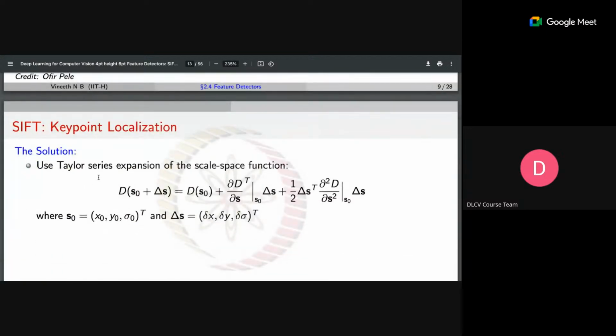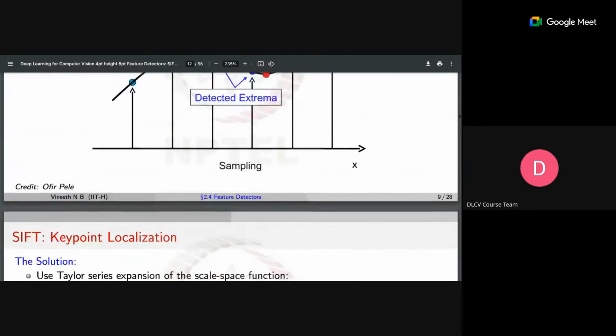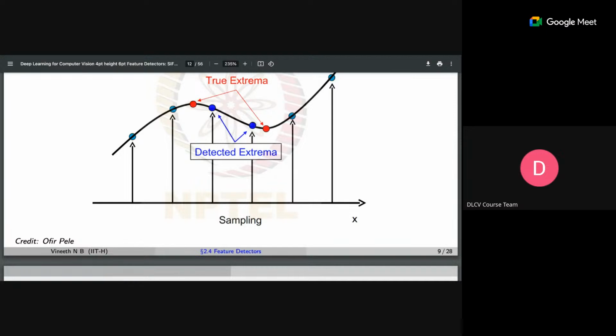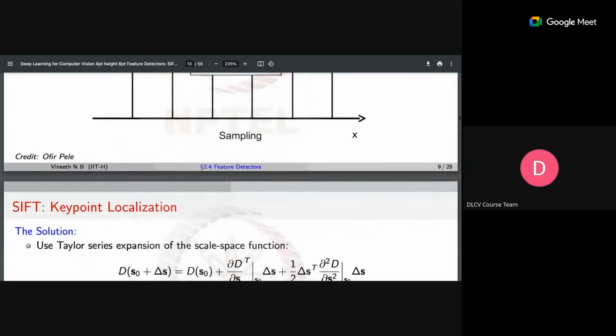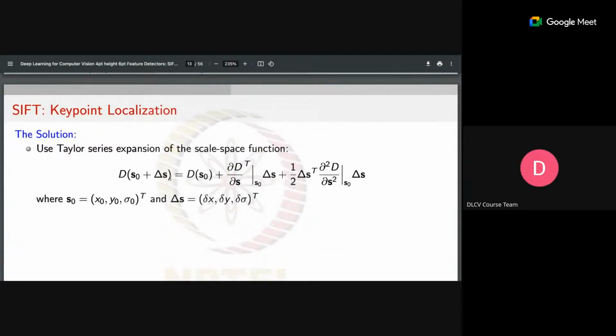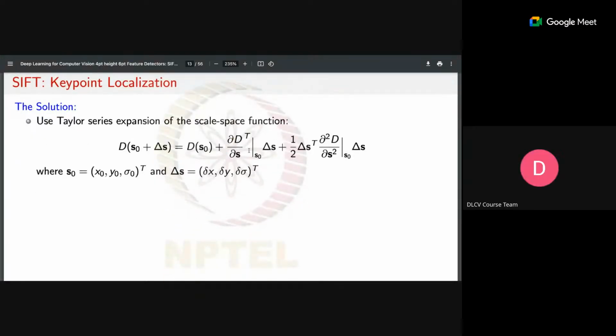You can represent any function, and images can also be represented. You must be remembering from the previous lectures that you are representing your image as a function here, right? Yes, sir. So we can do a Taylor series expansion for any function around a small change, right? Yes, sir.